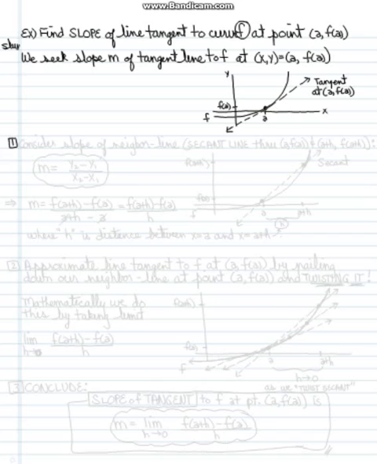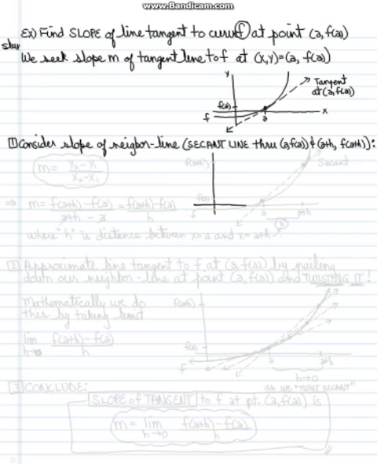Okay, step one, consider the slope of a neighbor line, specifically the secant line that passes through the ordered pair x, y equals a, f of a and x, y equals something just a little bigger than a, a plus h, and its y partner, f of a plus h.